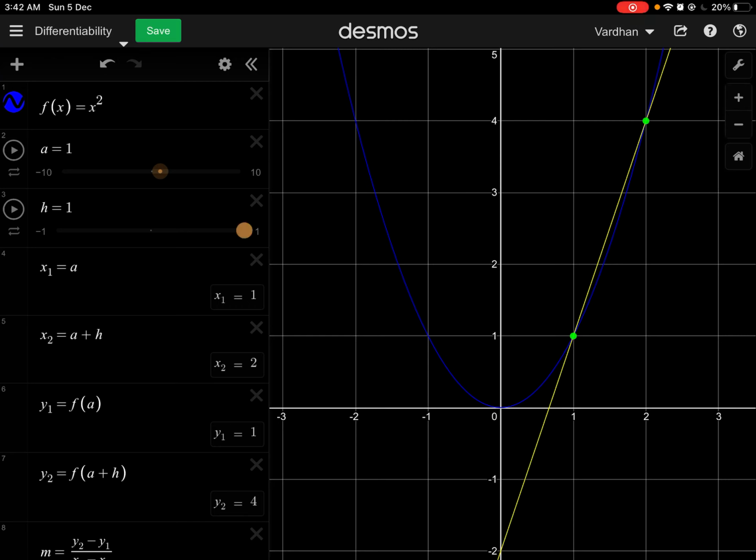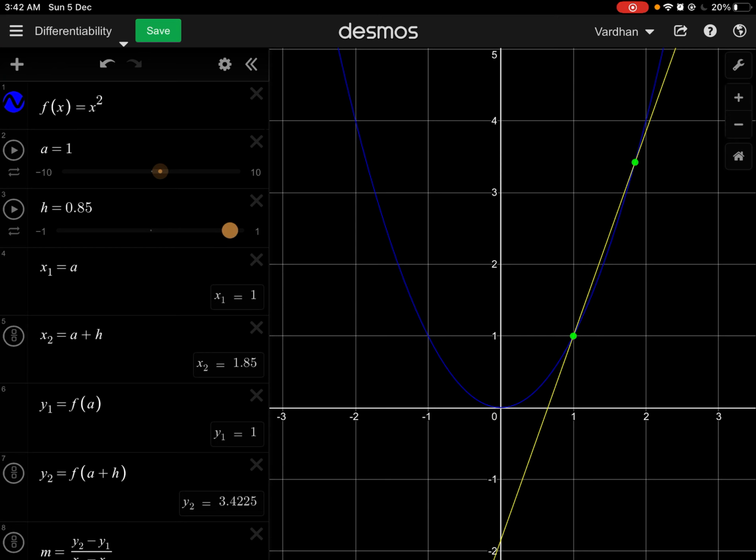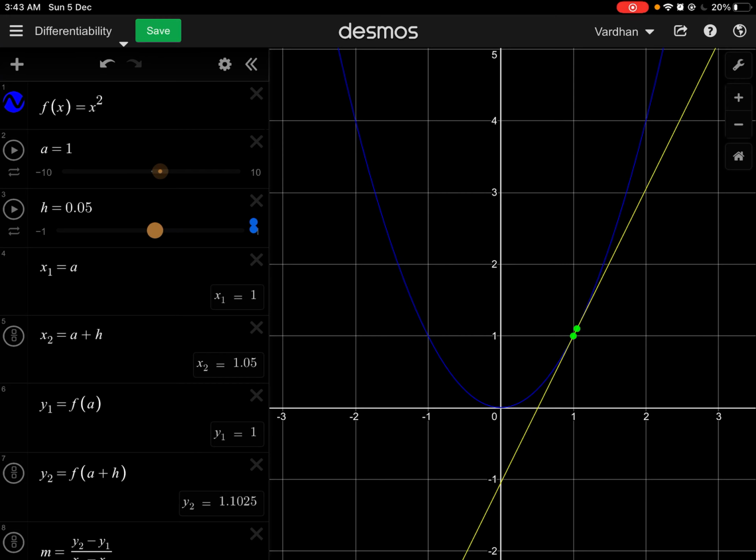Now if you were to reduce the value of h slowly, we can see that the line joining the 2 points will slowly approach the tangent of the curve at a comma f of a. If we just directly substitute, like making h directly 0, then obviously it would be undefined, 0 divided by 0.